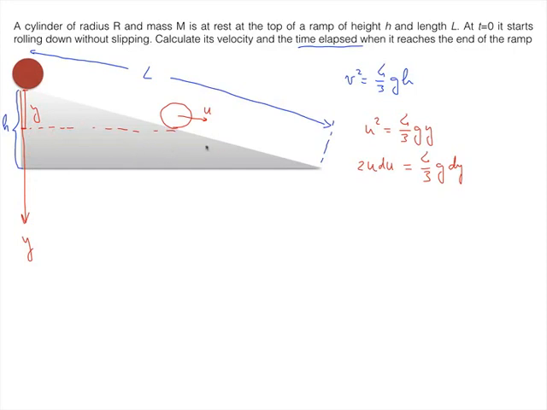Okay. Now let's define the axis of the direction along the ramp, the direction the cylinder is taking along the path on the ramp, and this direction we call it x.